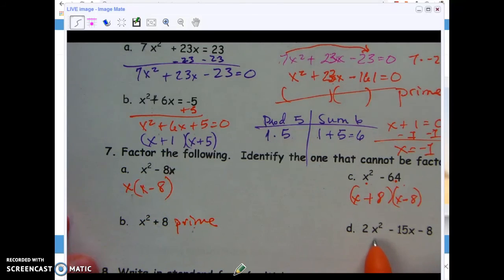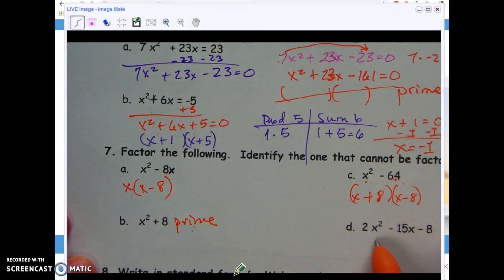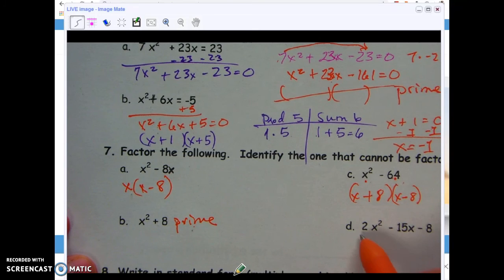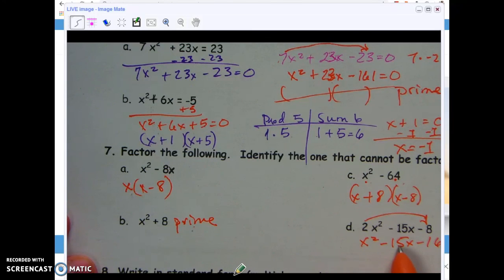Looking at this one, we see that we can slip and slide this over. That's going to give us x squared minus 15x minus 16. Clearly, a sum of negative 15 and a product of negative 16. When there's only a difference of 1, that means it's 1 times 16. So negative 16 times 1 will give me a product of negative 16.